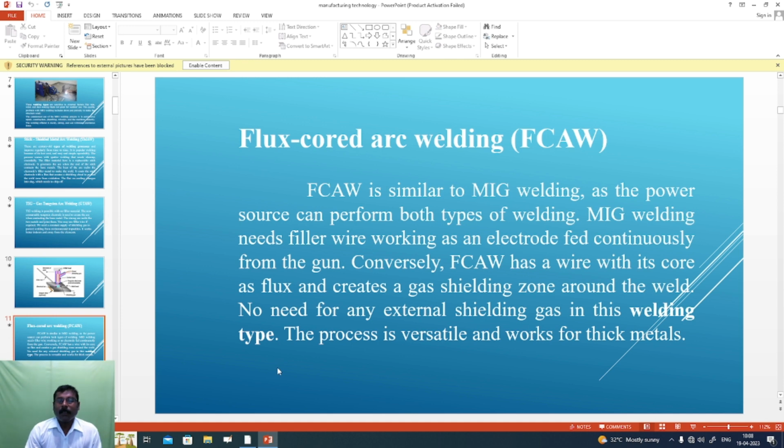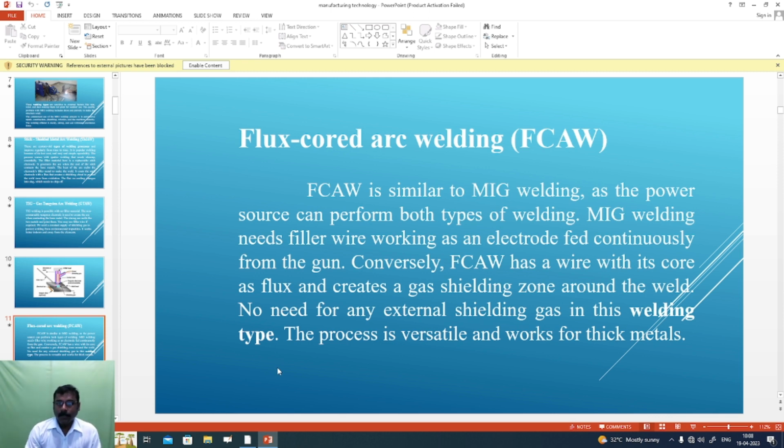Then flux coated arc welding. This type of welding is similar to MIG welding, as a power source can perform both types of welding. MIG welding needs filler wire working as an electrode fed continuously from the gun.